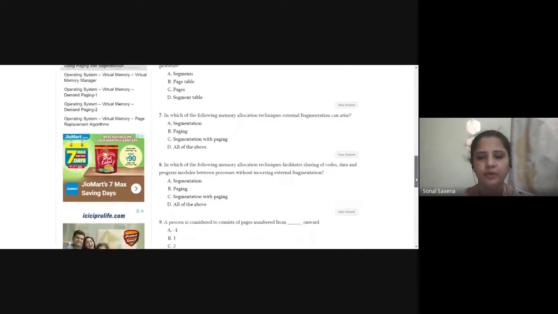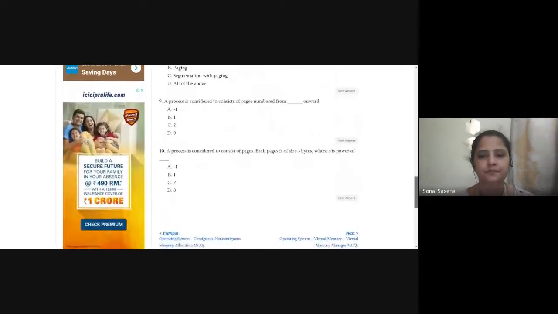I hope you all have done this. Now, question number 9 and question number 10. A process is considered to consist of pages numbered from dash onward. And then question number 10. A process is considered to consist of pages where each page is of size s bytes, where s is a power of dash. Try to answer this quickly.